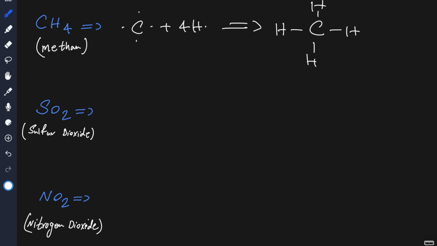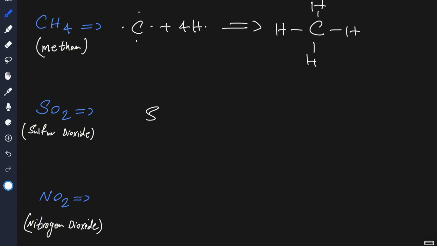Sulfur dioxide. It's important. The central atom is sulfur. For what? It has less electronegativity than oxygen.